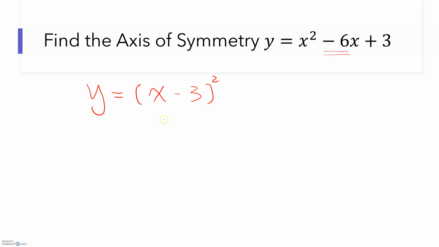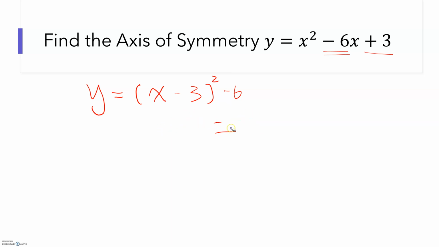If we expand this one, we would have x² - 6x + 9. But instead of a 9, I only need 3. So the difference will be 6, so I will need to take away 6 to get to that particular +3.